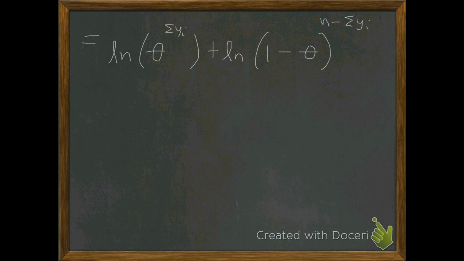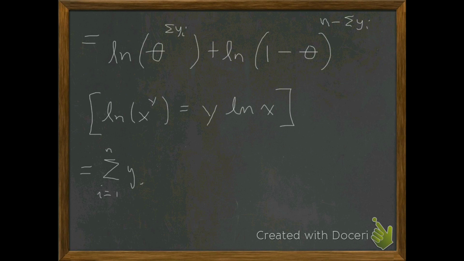Now, the next thing we're going to invoke is this whole natural log of x to the y power is equal to y times the natural log of x. Okay, so we're going to get the sum from i equal 1 to n of y sub i's, times the natural log of theta.